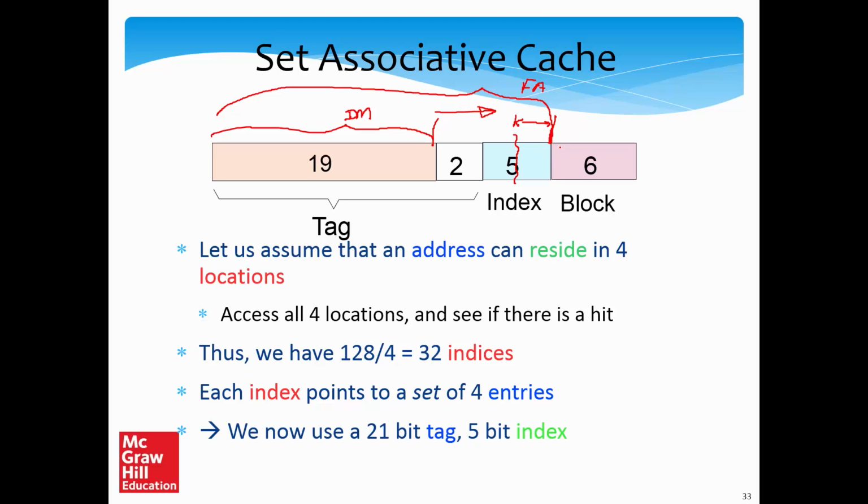At this point, a block can be in any of the 128 entries of the cache, so there is no index. The entire cache is like one set. At this point, the tag becomes the largest, which is 26 bits.